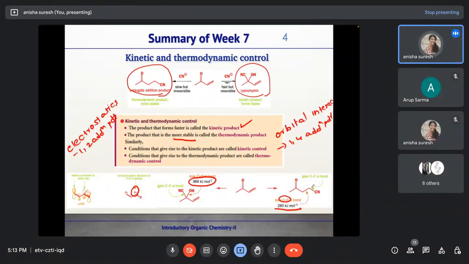In this case also a C-C sigma bond is formed, but we are breaking a C=C pi bond, which has lower energy. So this product will be the more stable product when we compare the energetics.